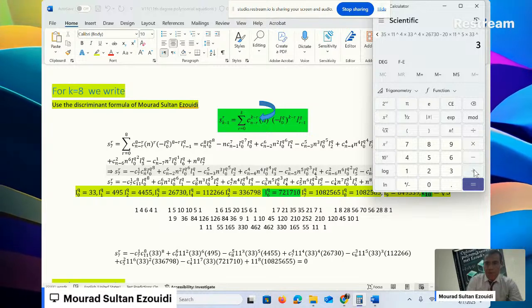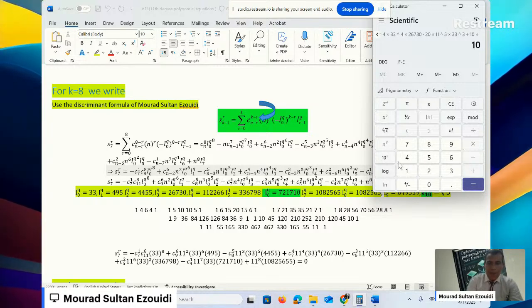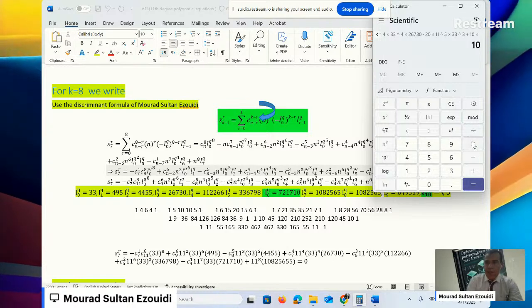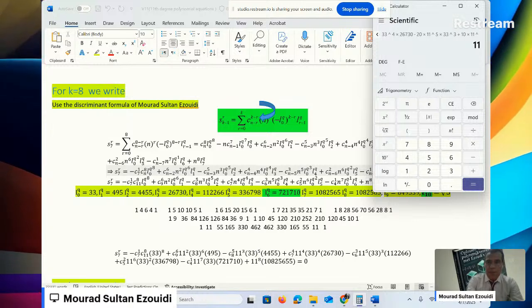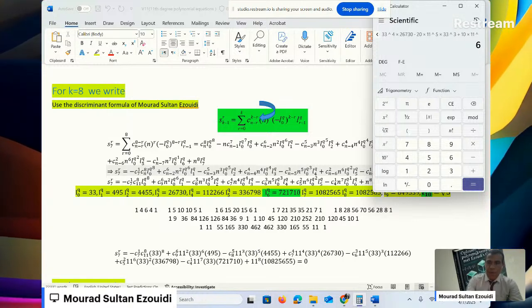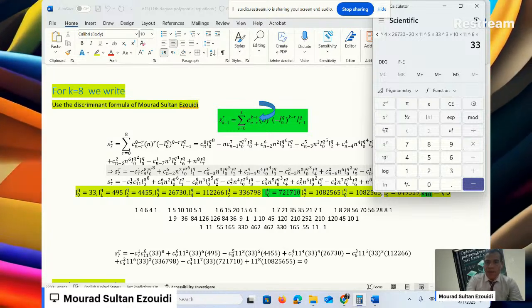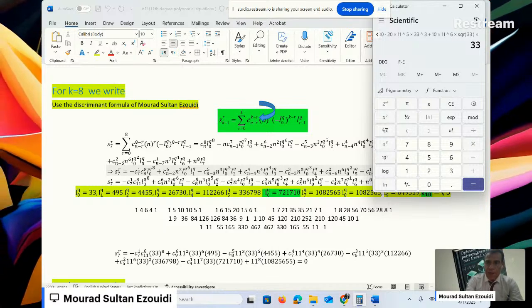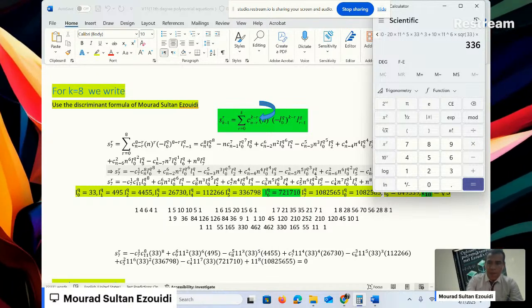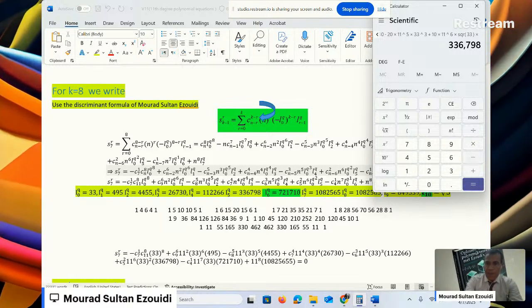Then 10 plus 10, 5 plus 10, multiply by 11 raised to the power 6, multiply by 33 squared, multiply by 336,798.